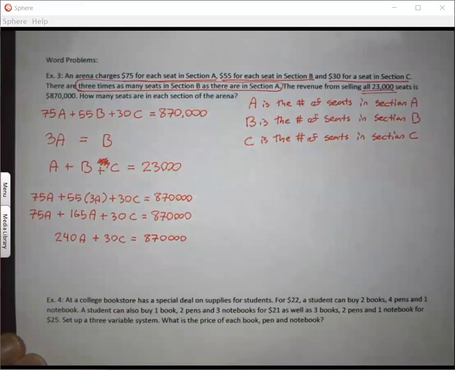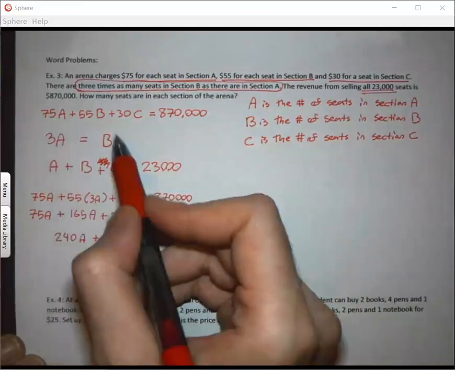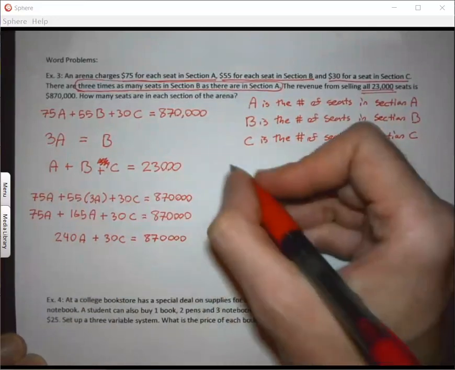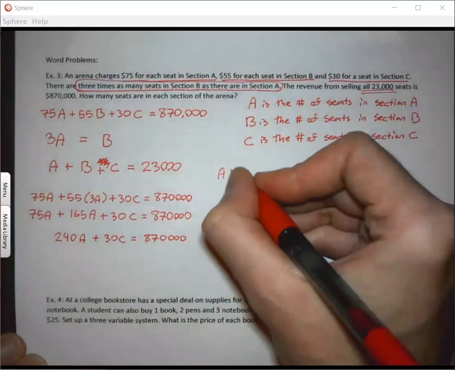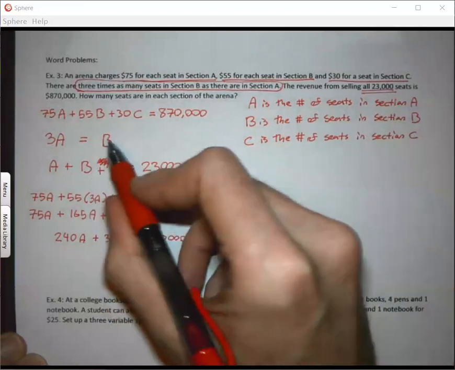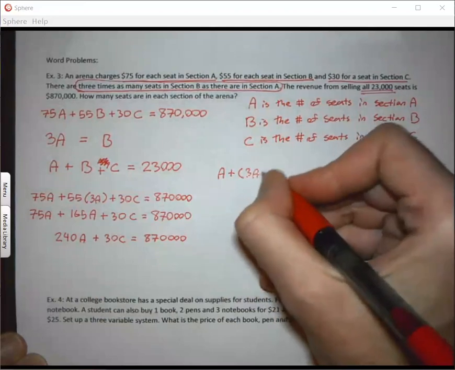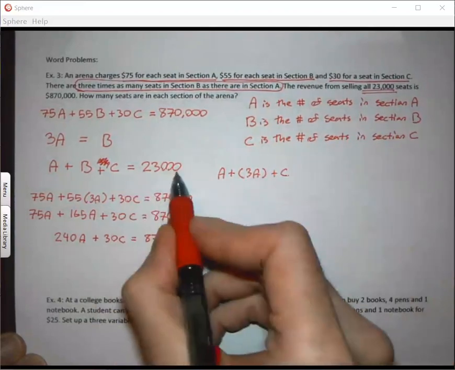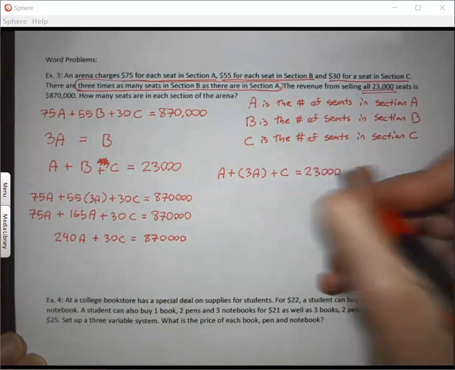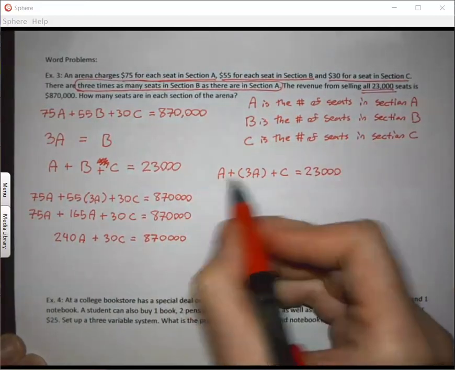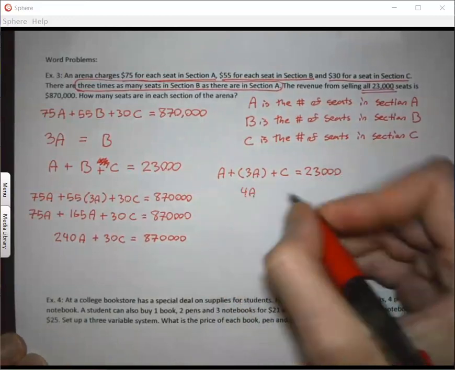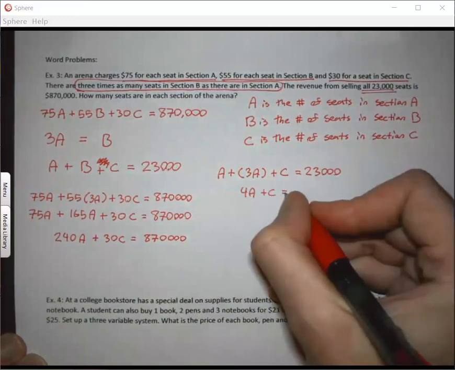Next step, we're going to substitute into our other equation. So we have a plus b, which we know is, again, 3a, plus c is 23,000. Combine like terms. 4a plus c is equal to 23,000.